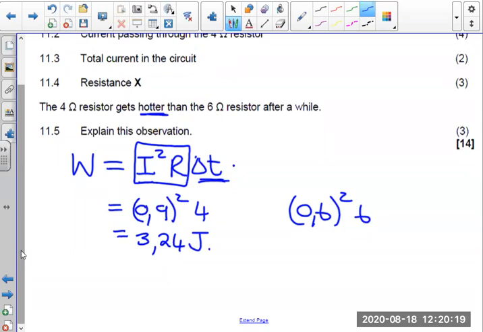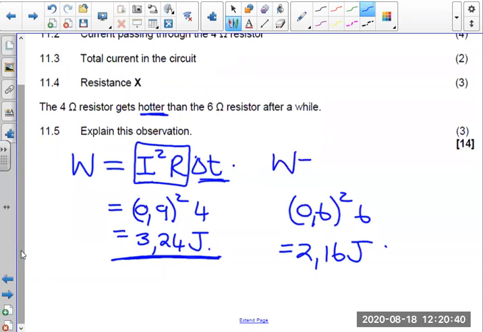The answer is 2.16 joules. Can you see which one is the greater one? The one that has the greater current and the smaller resistance. This is why that would be the explanation.